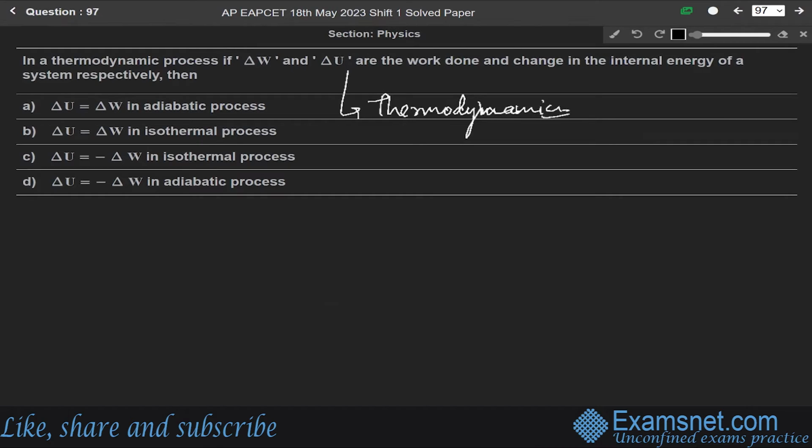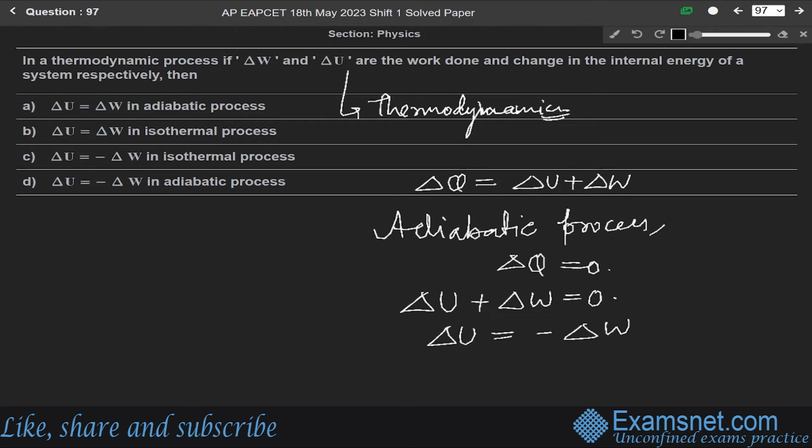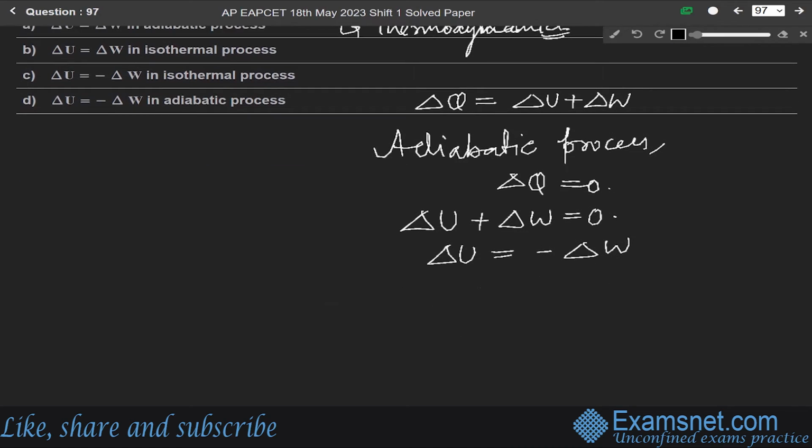According to the first law of thermodynamics, delta Q is equal to delta U plus delta W. For an adiabatic process, delta Q is 0. If delta Q is 0, therefore delta U plus delta W will be equal to 0. It means delta U is equal to minus delta W.